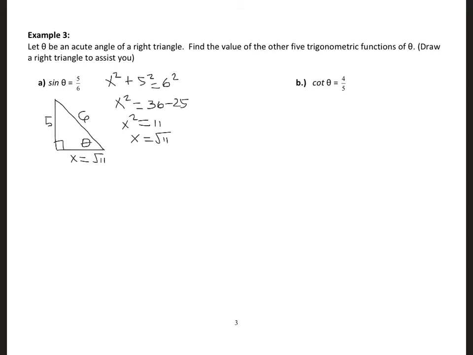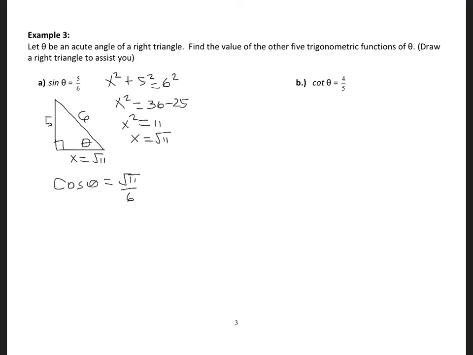Now that I know that, I can find the other ratios. Cosine of theta is going to be square root of 11 over 6.